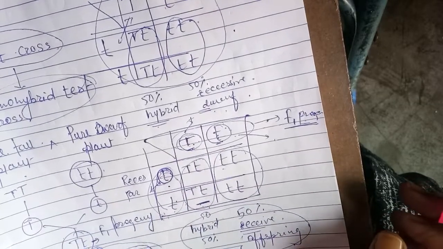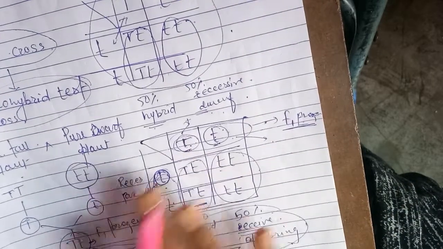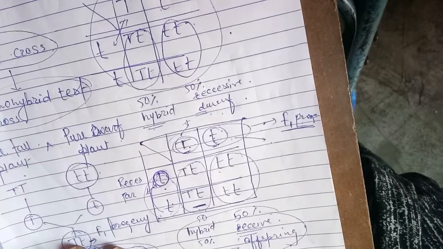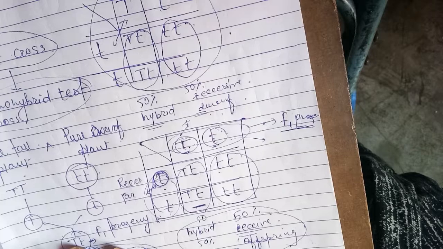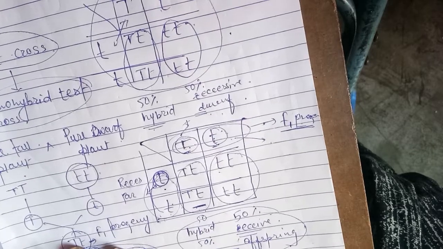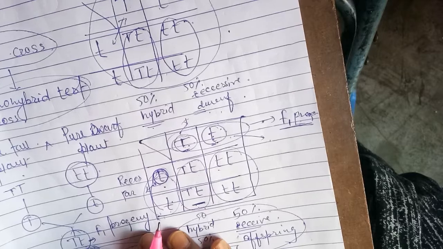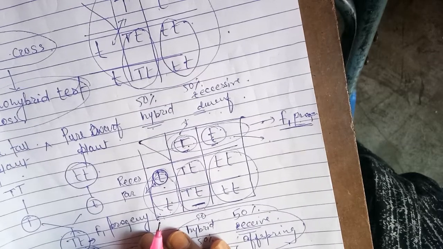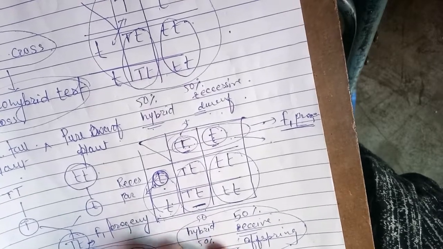Another important thing is that the cross between the F1 hybrid and the homozygous tall parent is also a back cross, but this will produce all tall, 50% pure tall and 50% hybrid tall. Therefore, a back cross with the dominant parent cannot be used to test the genotype.